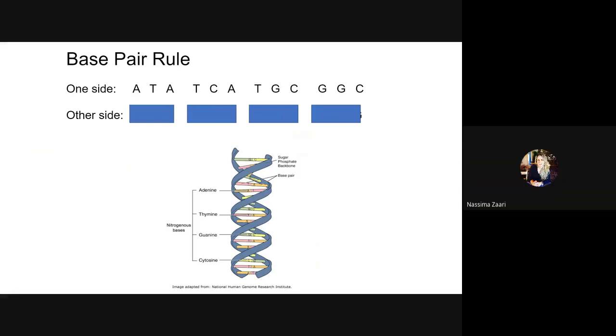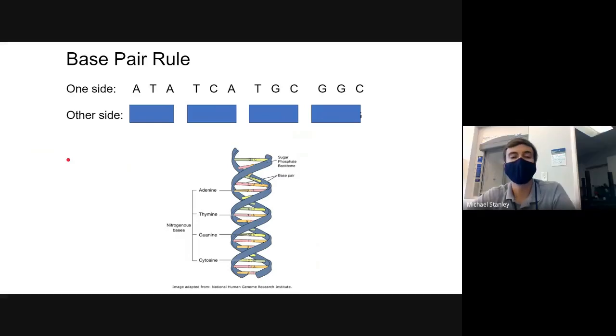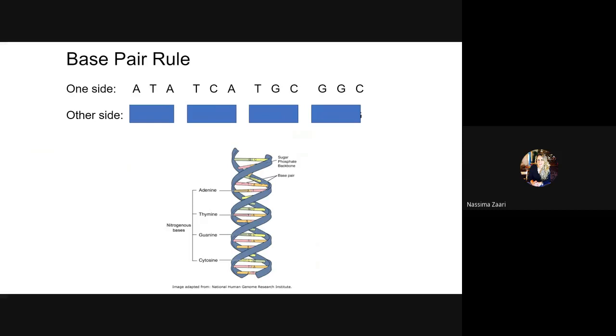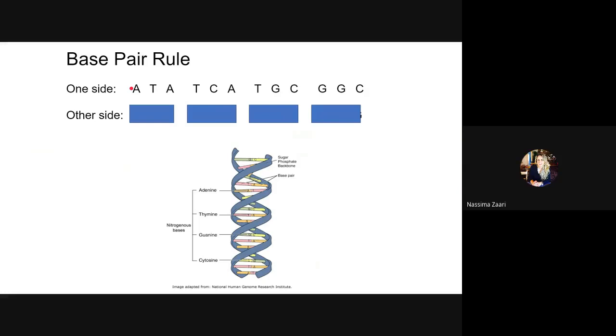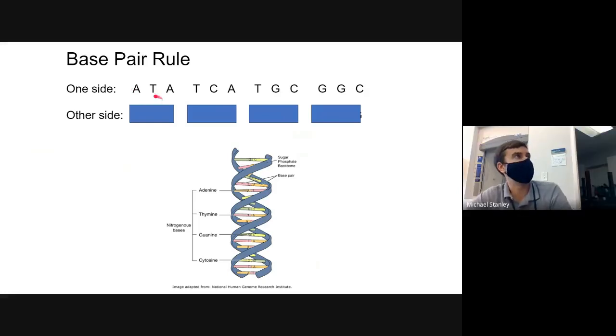T. Good stuff. So T and A. And then what? So TA and T. Exactly. So if one side of our DNA is ATA, the other side has to be TAT.